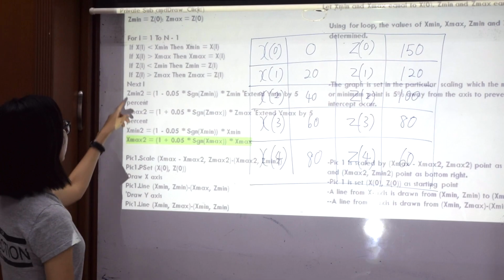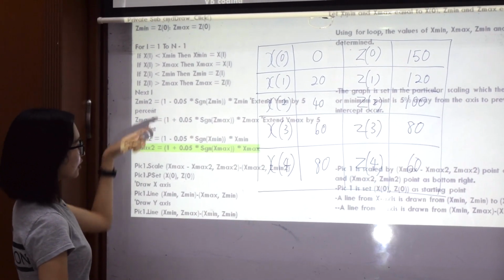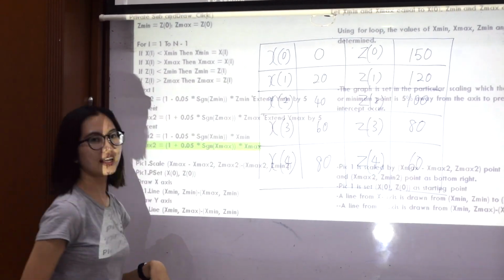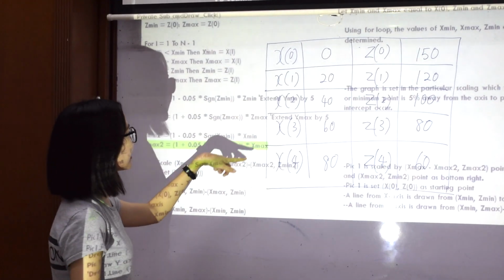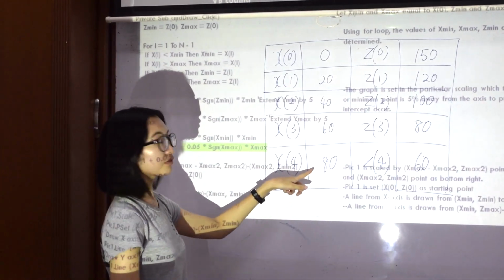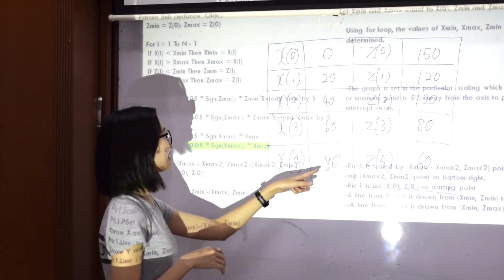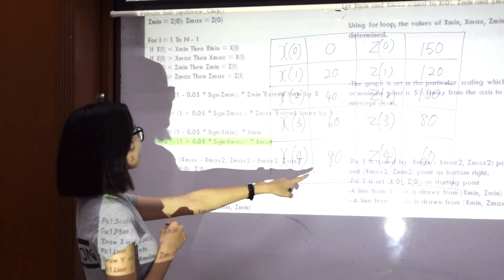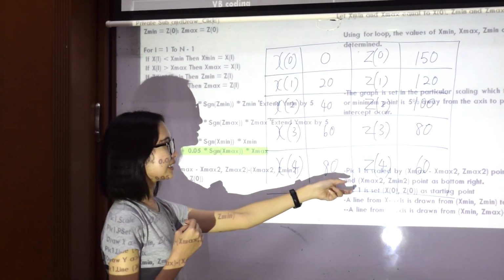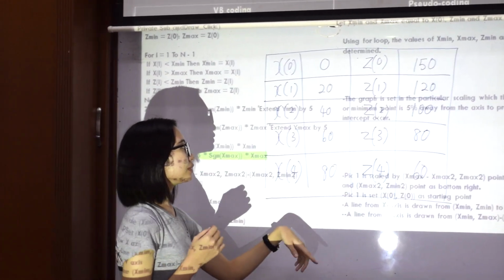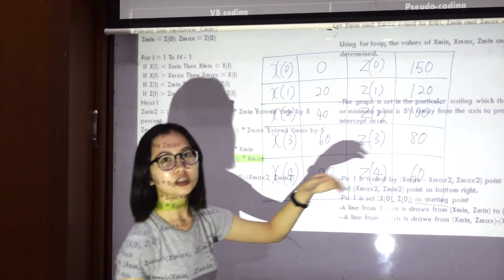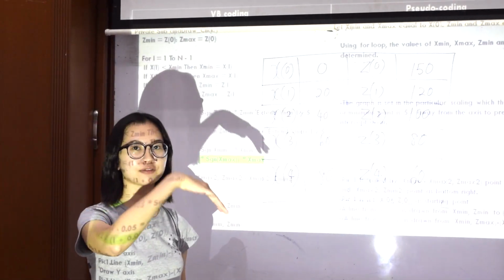So we end up like the Z for the fourth loop, we end up with the Z maximum as 80, and then Z minimum will be 60. So the graph will be a negative gradient.